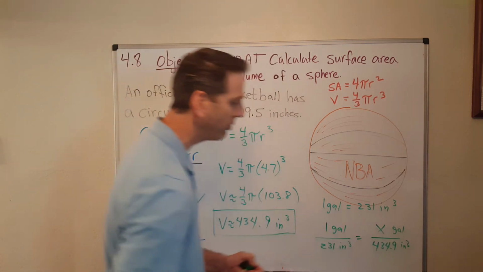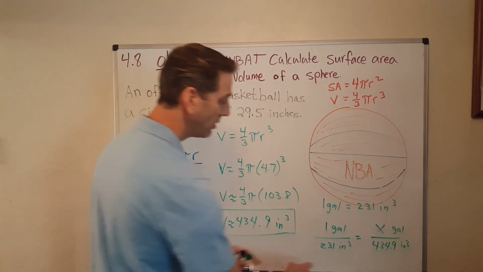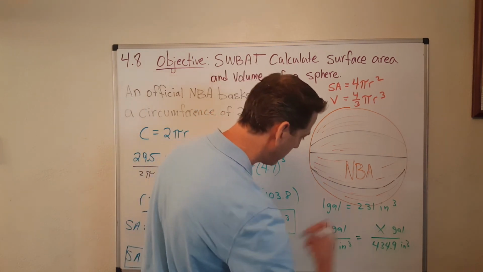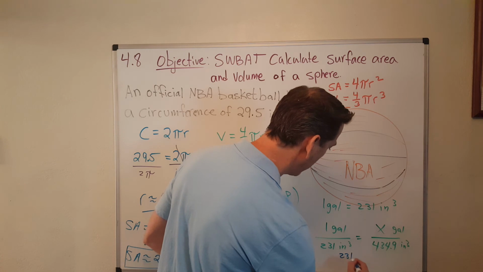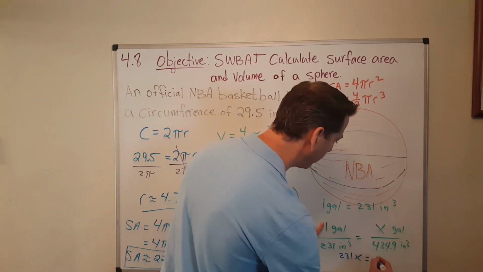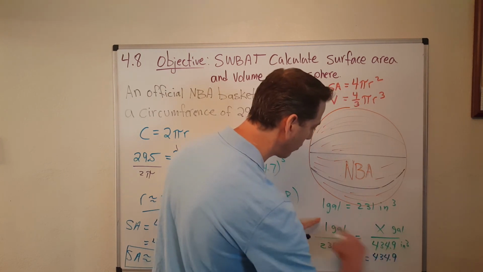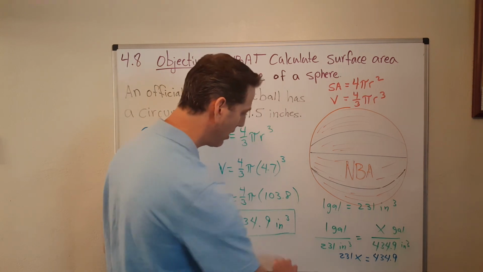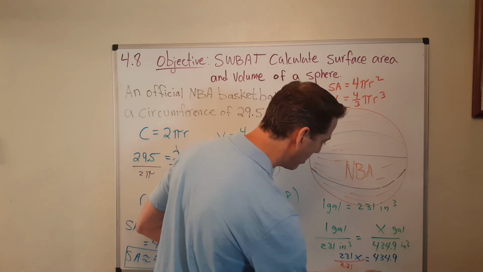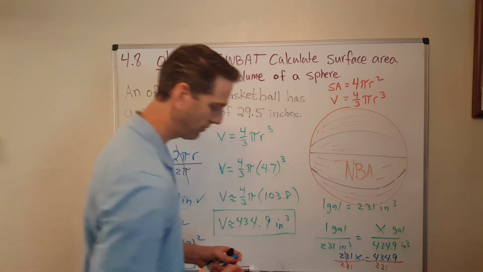All right, 1 gallon is 231. How many gallons is 434.9? Remember, the way you solve this is cross multiplication. So 231 times x is just 231x. And 1 times 434.9 is just 434.9. Just cross multiplying. Now we're going to divide by 231. Hopefully you can see that. I'm running out of space. To both sides.